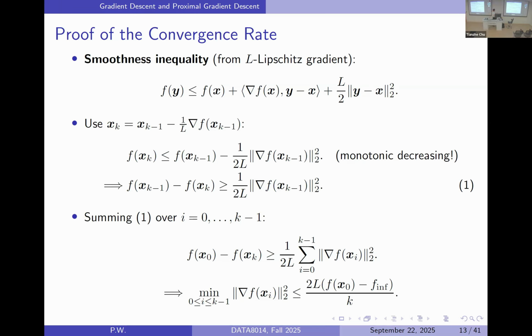You can see here, f(y) minus f(x) equals to what? Equals to g(1), right?